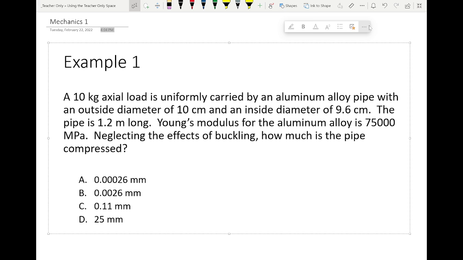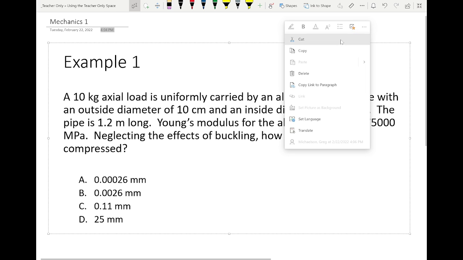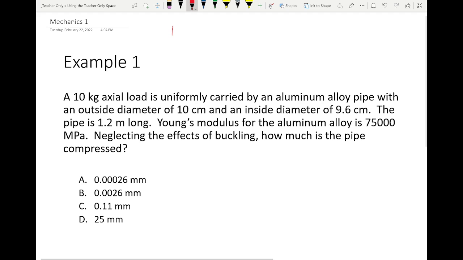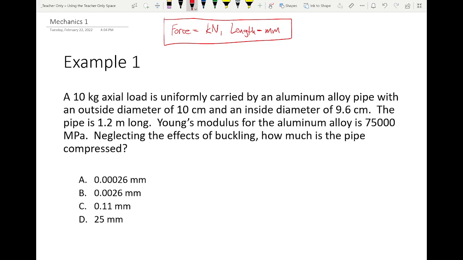Now, I'm going to explore this unit system I mentioned earlier. Force equals kilonewtons and length equals millimeters. So up here on the top, if this is our formula, what do these terms need to be in?